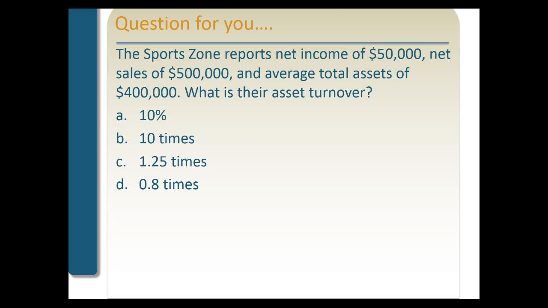So the Sports Zone reports net income of $50,000, net sales of $500,000, and average total assets of $400,000. What is their asset turnover? Why don't you take some time and see what you get there?